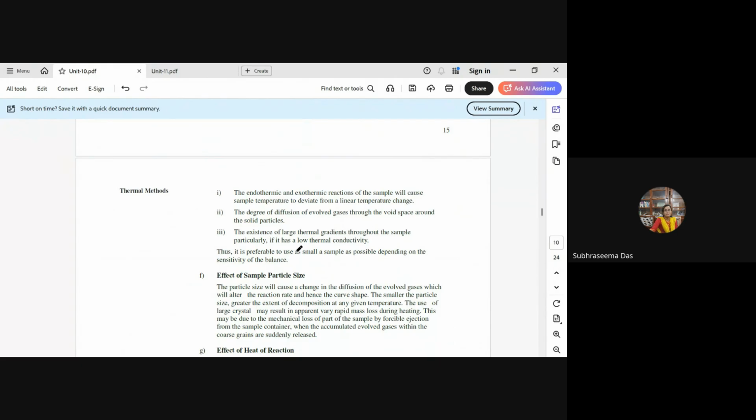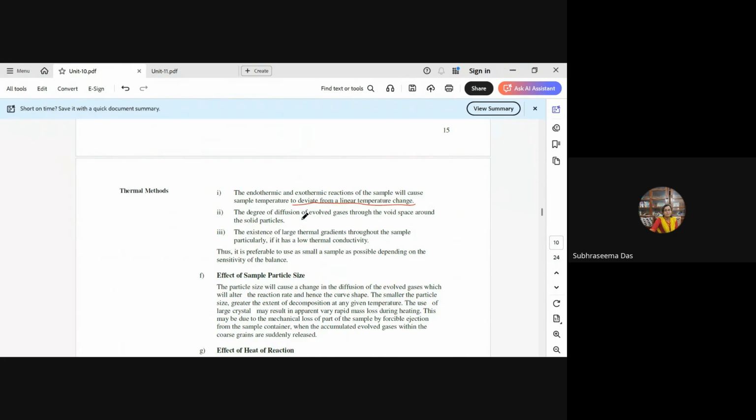The endothermic and exothermic reactions of the sample will cause the sample temperature to deviate from a linear temperature change. So if the nature of our sample is endothermic or exothermic, then there will be a mass change which will ultimately affect the TG curve.